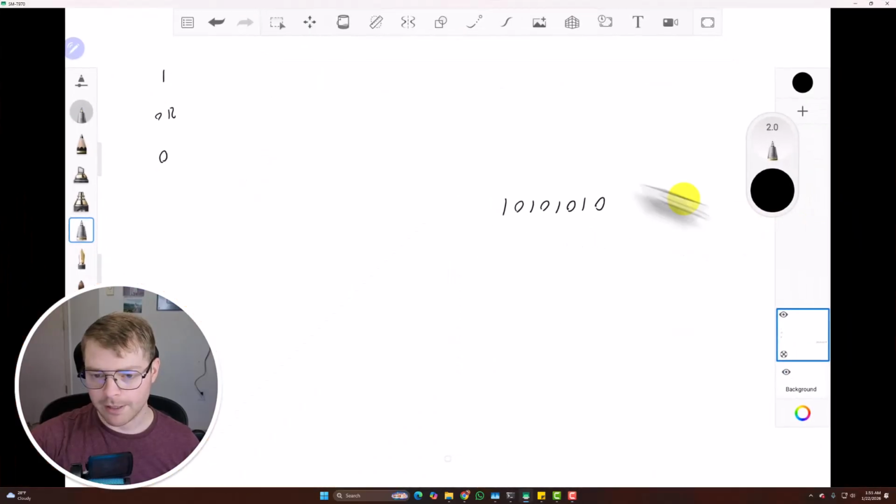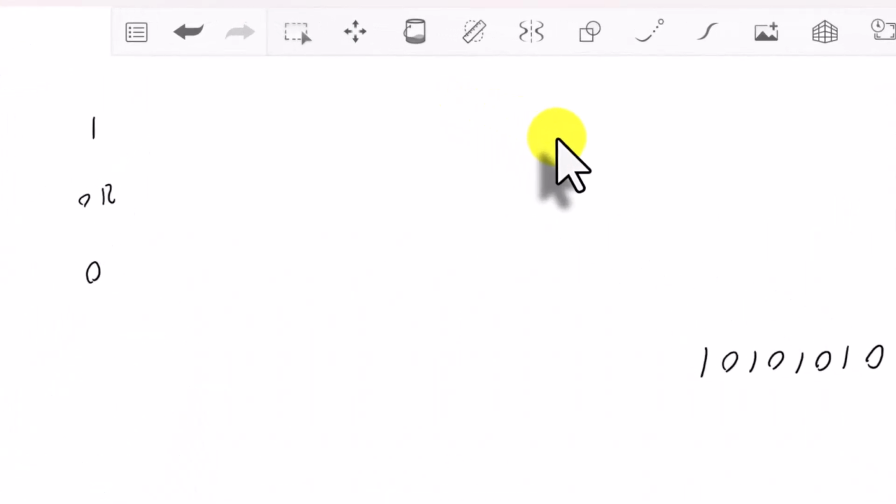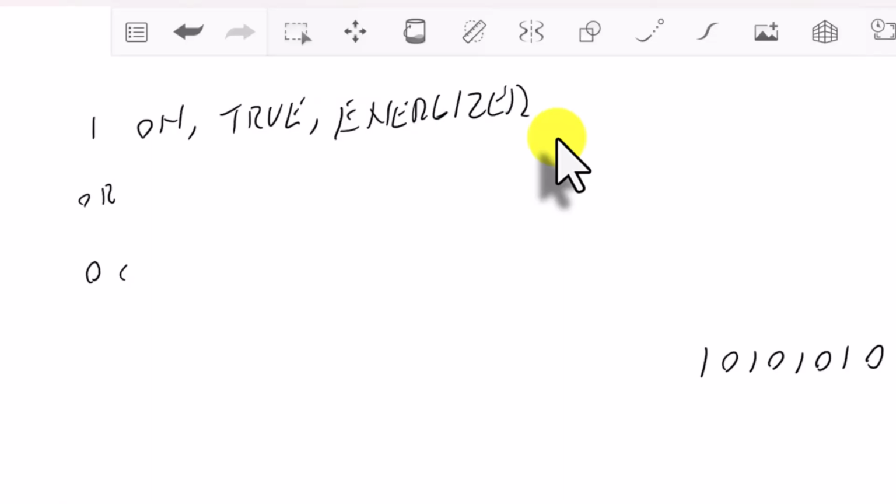All right, well, let's break into it. How can we think about these ones and zeros? One, if you really want to think about it this way, you can think of as on, true, or energized, as in, like, it's receiving voltage. And zero we can think of as off, false, or not energized.